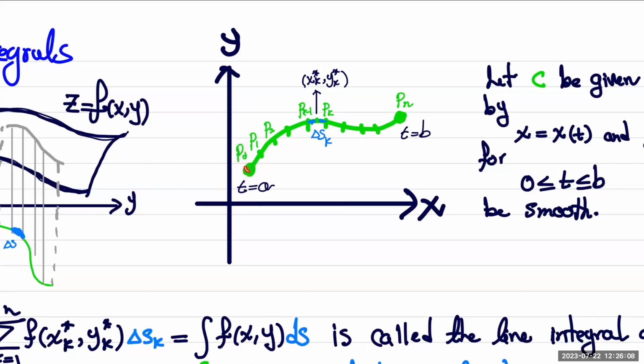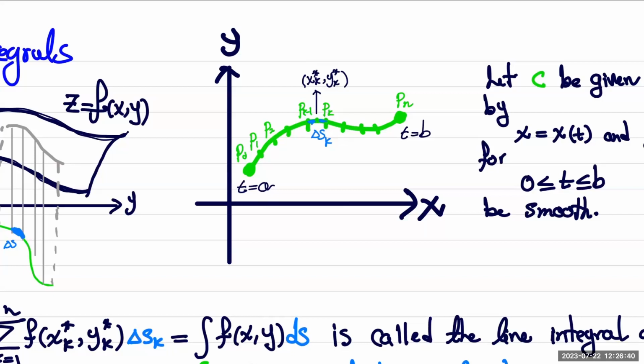We call that point p sub 0 corresponding to time a, p1, p2, and so on. And again, this is the kth sub-arc or sub-curve or whatever you want to call it with a sample point in there. And as I said, the length of each of these sub-arcs is a delta s, not a delta x, not a delta y, but a delta s.